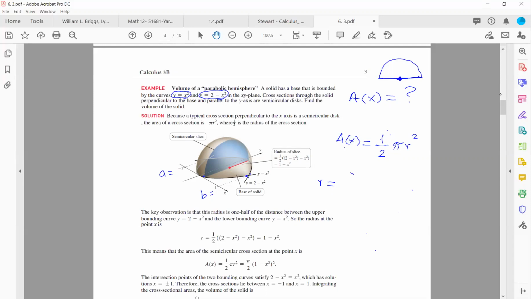So let me write this guy in bracket here. The upper function, 2 minus x squared, minus your lower function, which is x squared. We have to multiply this by a half. Why is that?